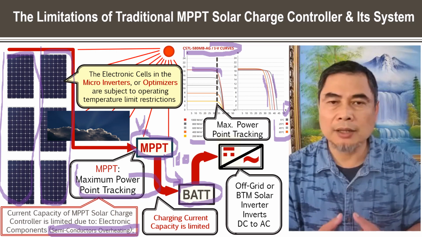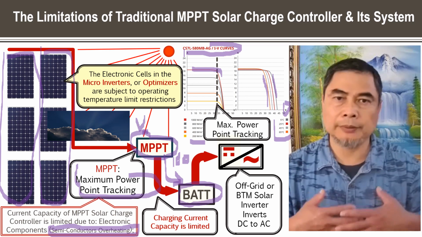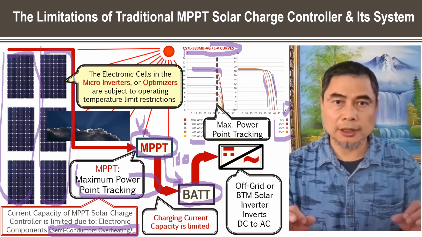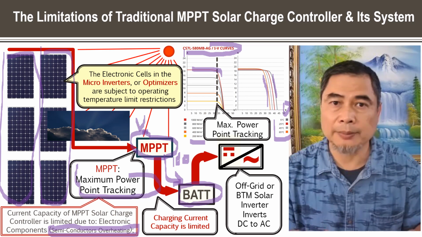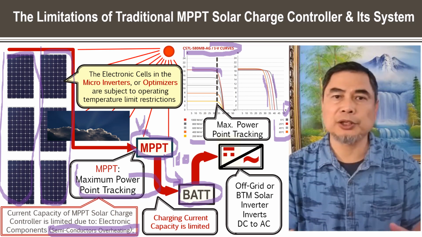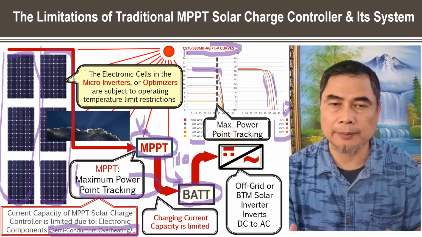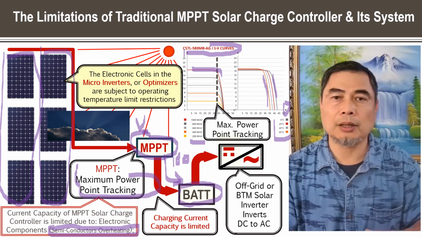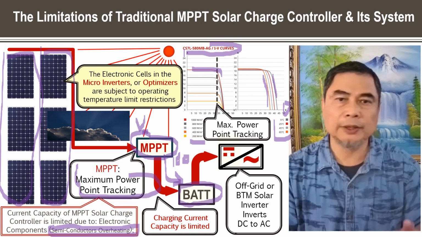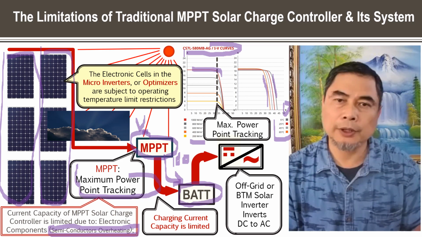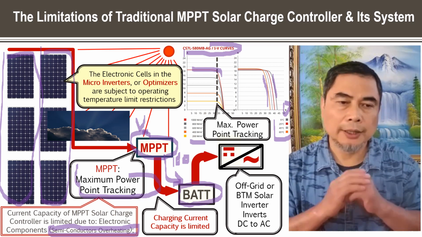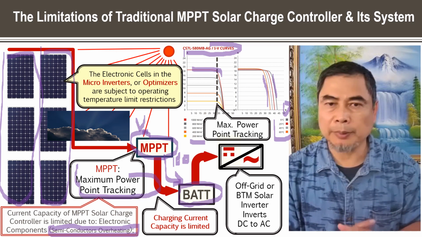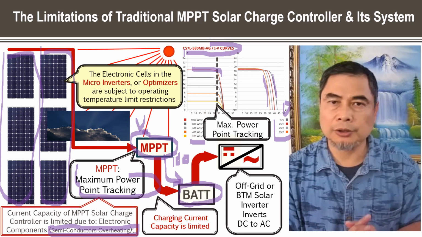Even for 100 amps, normally it refers to the maximum, not constantly 100 amps flowing through. It's a maximum condition where you get 100 amps. But if you try to run 100 amps constantly through it, it definitely causes lots of overheating for the equipment. So that's why we say that in the whole system setup, our power limit is limited by the MPPT solar charge controller.